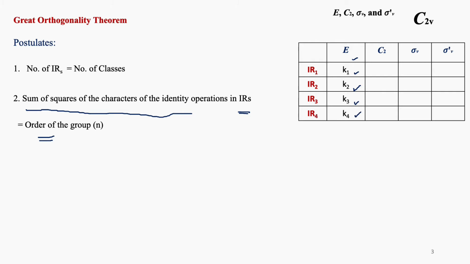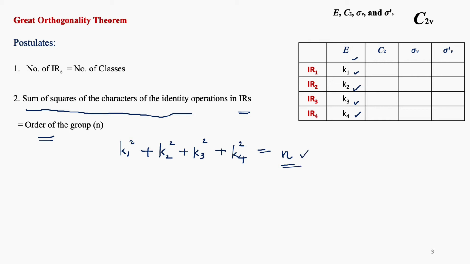So according to the postulate, K1 square plus K2 square plus K3 square plus K4 square equals n, which is the order of the group, and we have to find out the value of n.